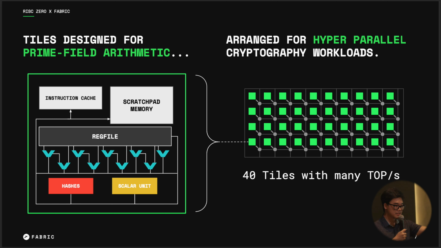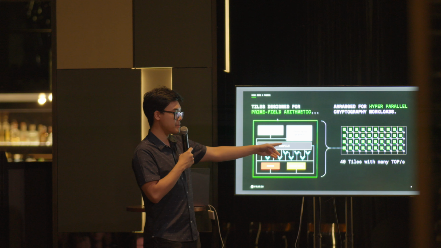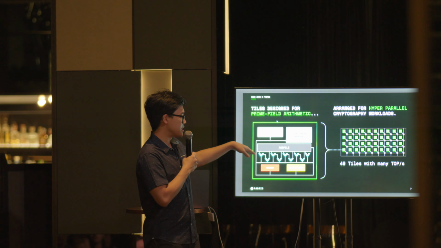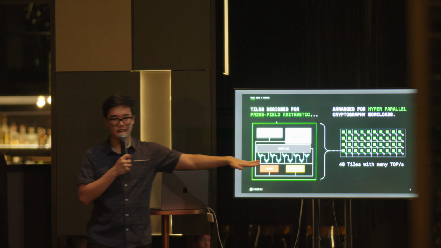And if you look inside one of those green things, one of our tiles, our fundamental processing element, we've got an instruction cache, we've got scratchpad memory, we've got a register file, and then we've got a ton of integer arithmetic. So basically, this is the fundamental unit.